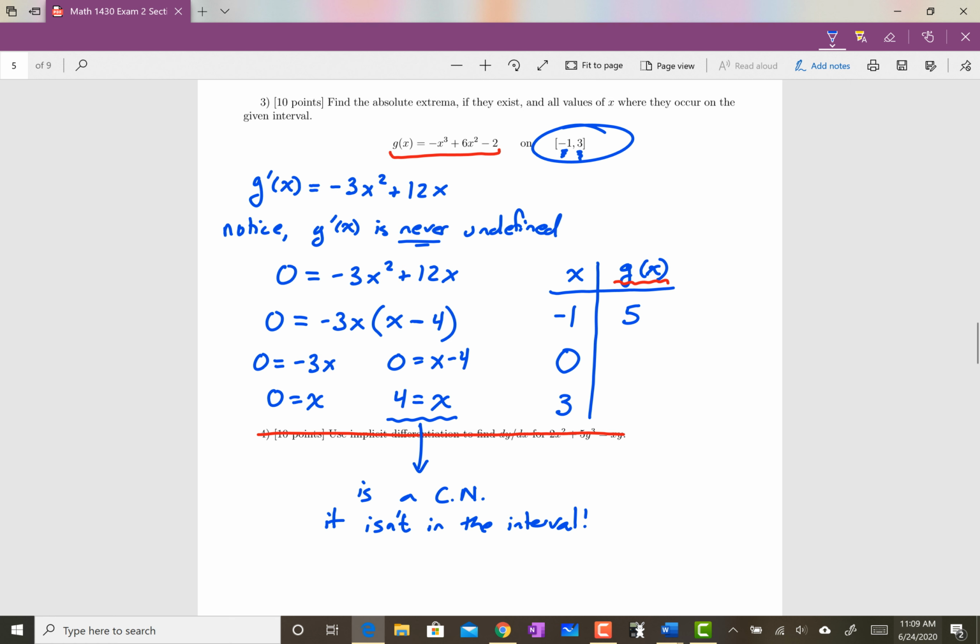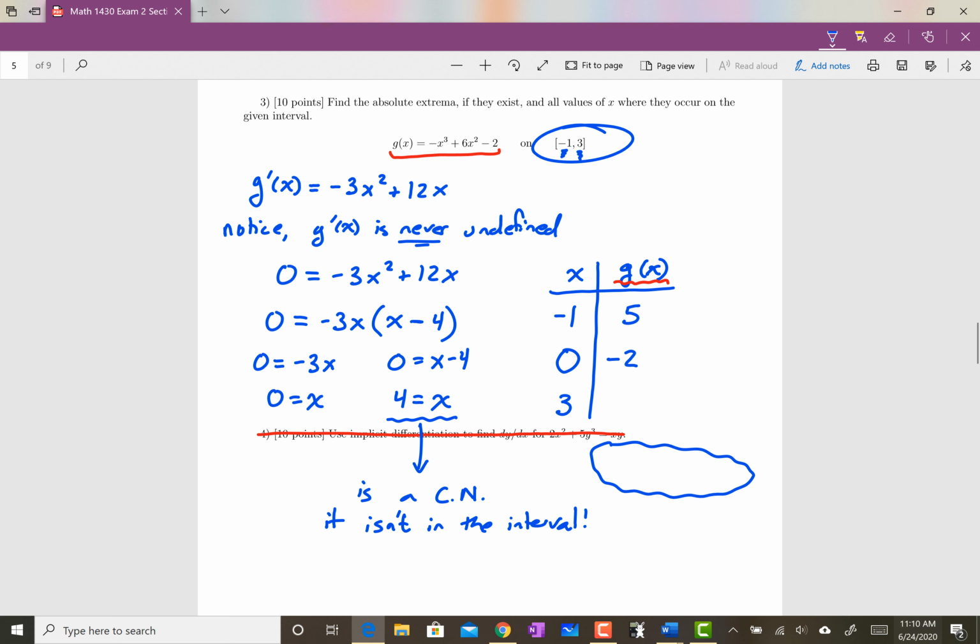What happens if I plug in 0 for x? Well, that's really easy. If I plug in 0 for x, I just get negative 2. And what happens if I plug in 3 for x? Well, I'm going to get negative 3 cubed plus 6 times 3 squared minus 2. I'm going to do a little bit of scratch work off to the side because I don't have a calculator with me right now.